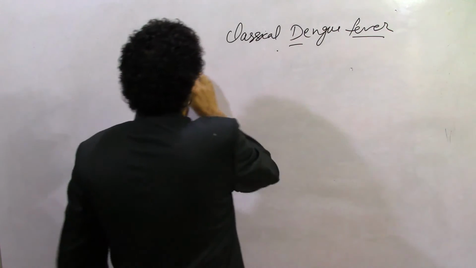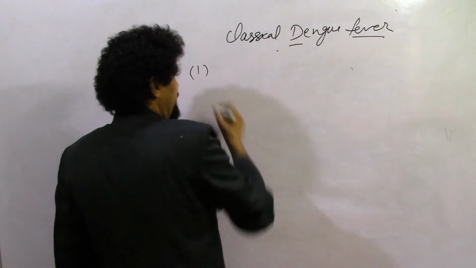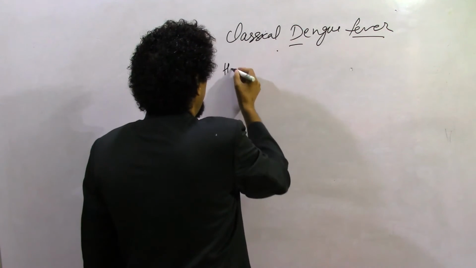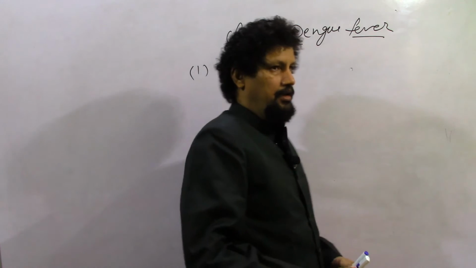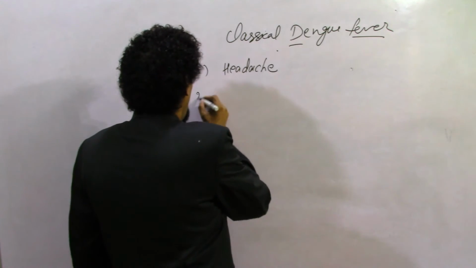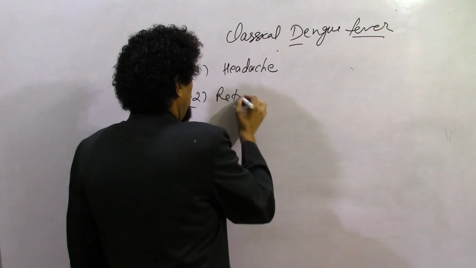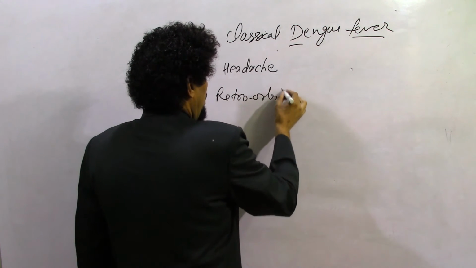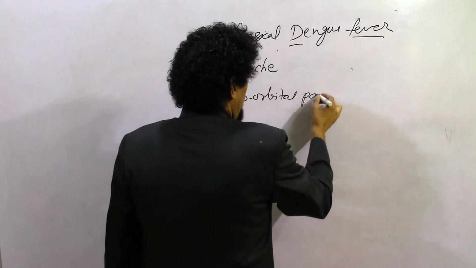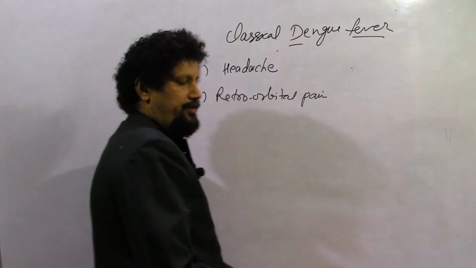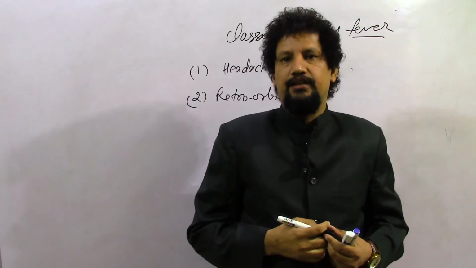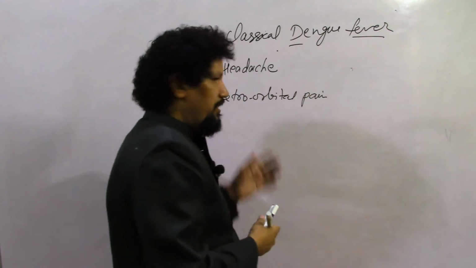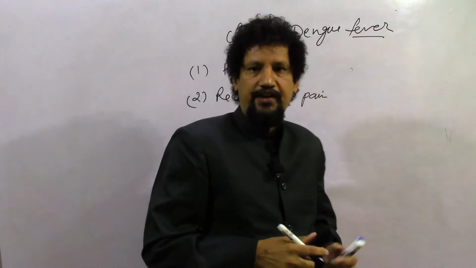So the signs and symptoms are headache and retroorbital pain. Retroorbital pain is also seen in diseases affecting the middle meningeal artery and in the anterior and middle cerebral arteries.